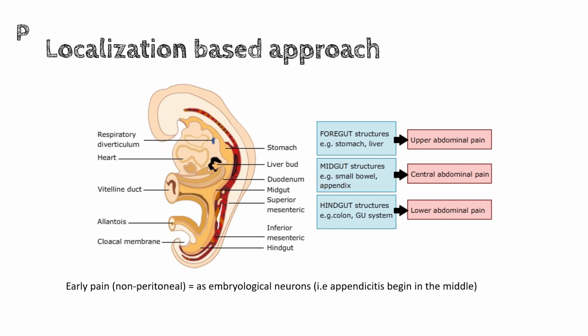Then it will hurt further down to the right, because that's where the appendix physically is located usually, and it will irritate the peritoneum. But to begin with, it's just the visceral pain, localized in the center, because that's the embryological origin of the appendix.